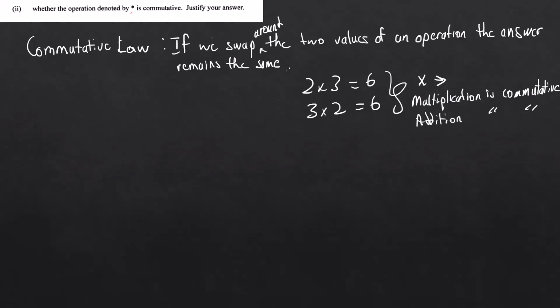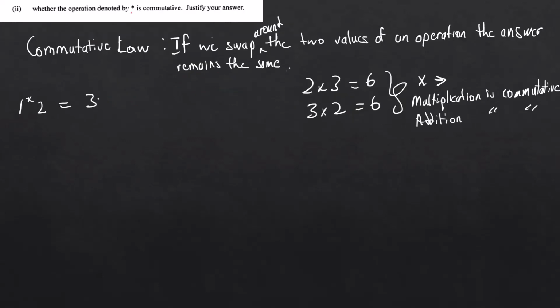But what they want us to do is to tell them whether this asterisk operation is actually commutative or not. So we know 1 asterisk 2 is equal to the square root of 9, which is 3. You told me this earlier.